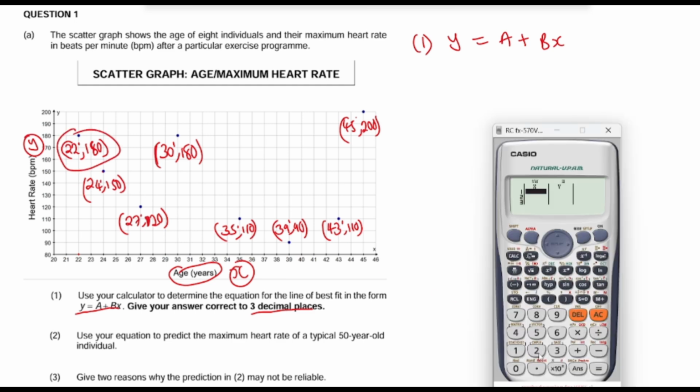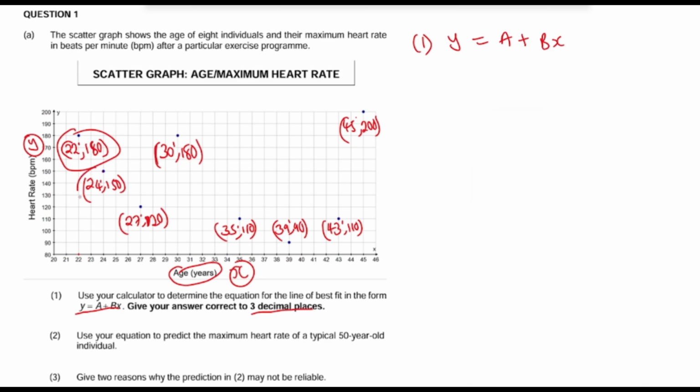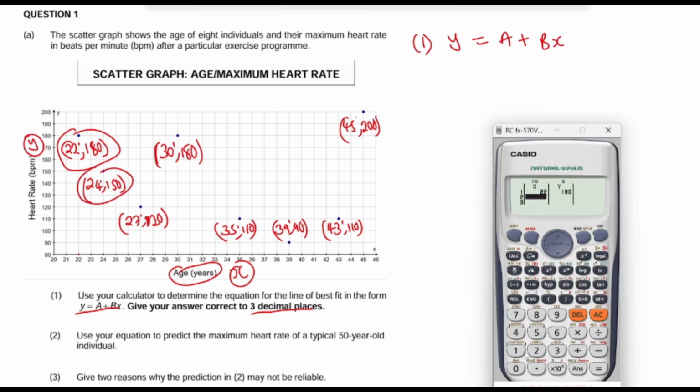So it's 22 and then equals, then you enter 180 and then equals. Then the next one is 24 and 150, so 24 equals, and then 150 equals. Then you enter all the values like that.